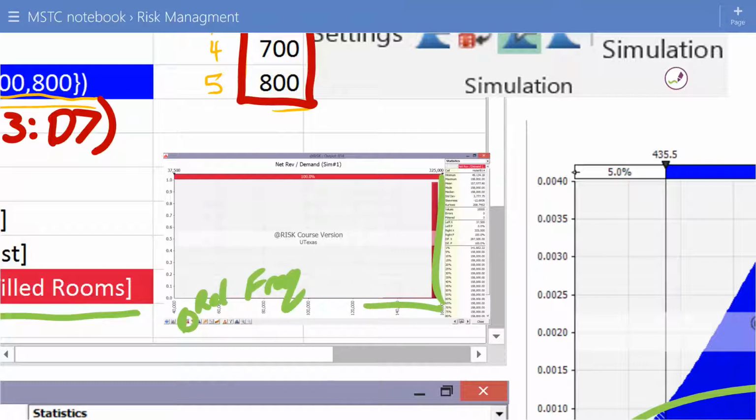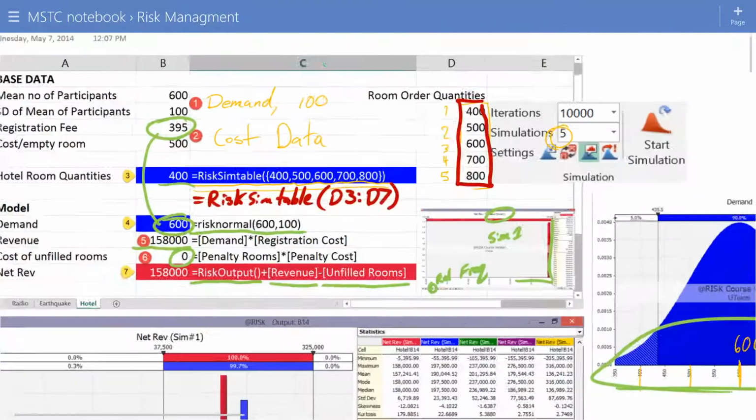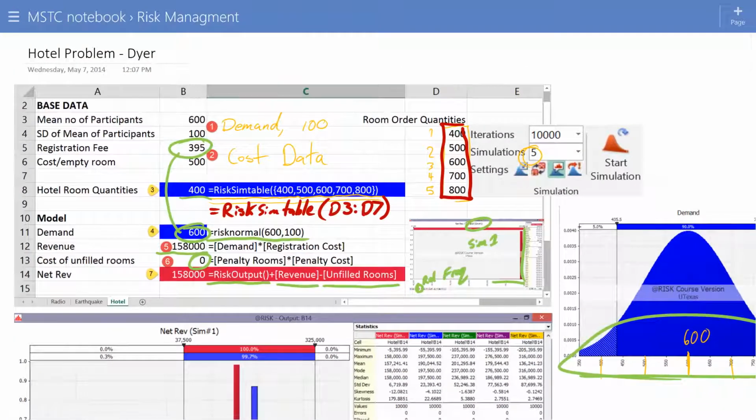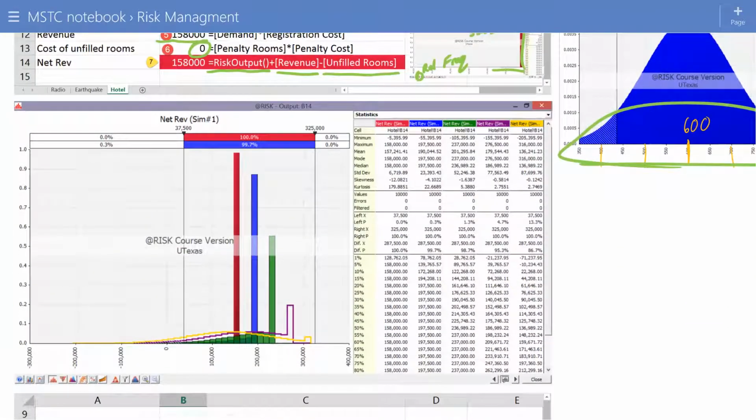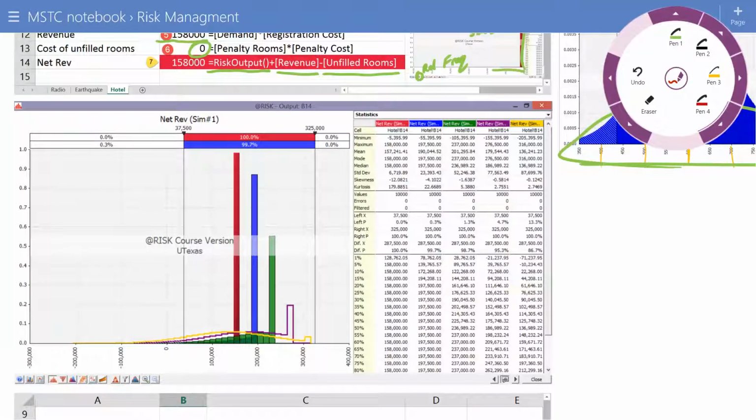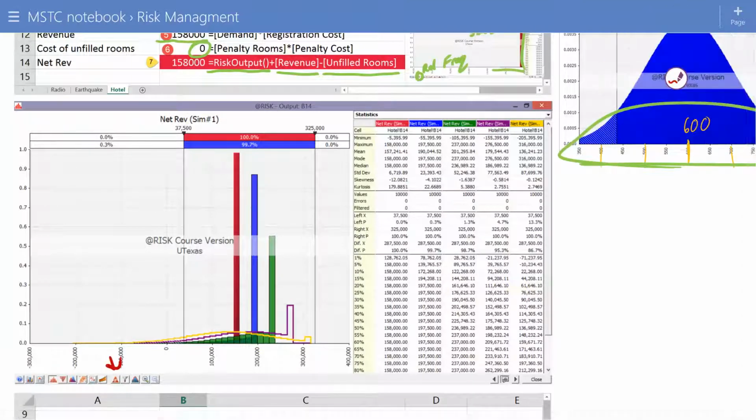And this is only for simulation 1. In order to get a more full picture of what's going on, you go to this little hashtag button down here, and click select all simulations, and that will give you this graph right here. Additionally, it'll show you all of the information based on that.